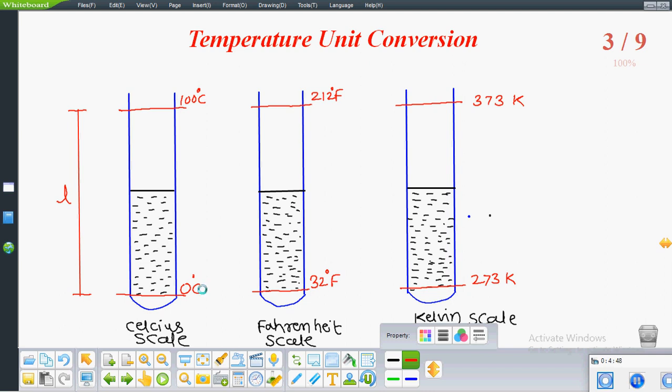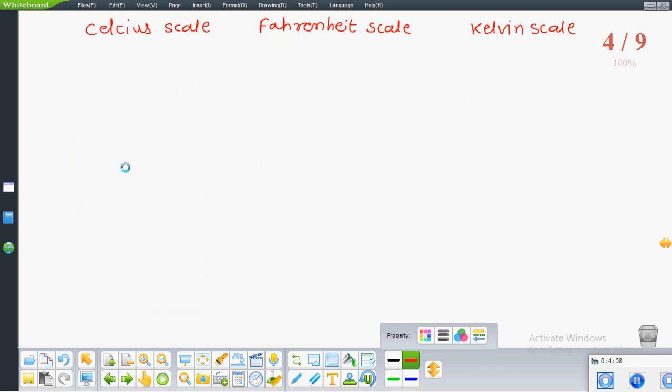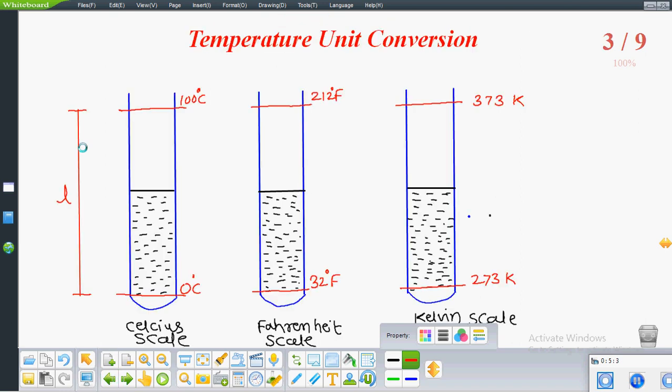So let's take a difference. L equal to, see here, if we apply a difference, meaning the upper limit minus the lower limit, then we get our scale length L, right? Similarly for the Fahrenheit scale, similarly for the Kelvin scale.